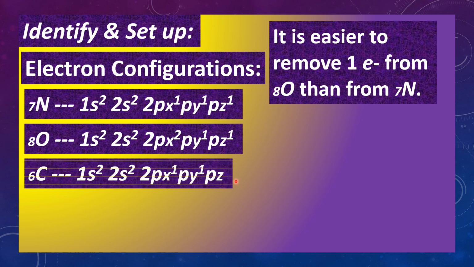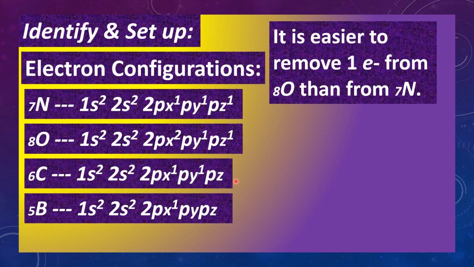Now, for the element carbon with atomic number 6, its electronic configuration again is as shown: 1s2, 2s2, 2px1, py1, and pz with no electron.